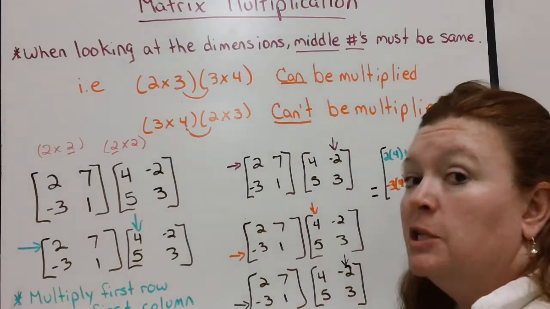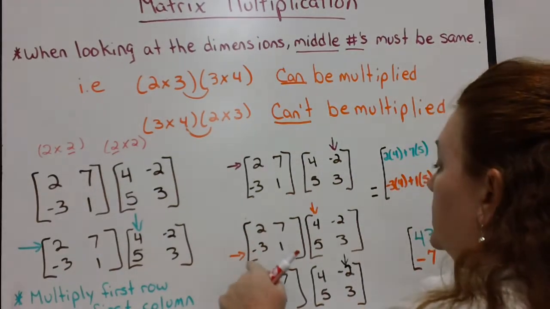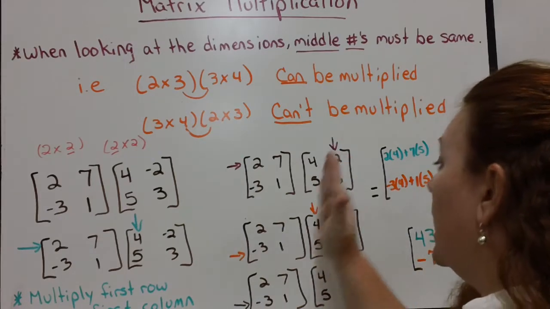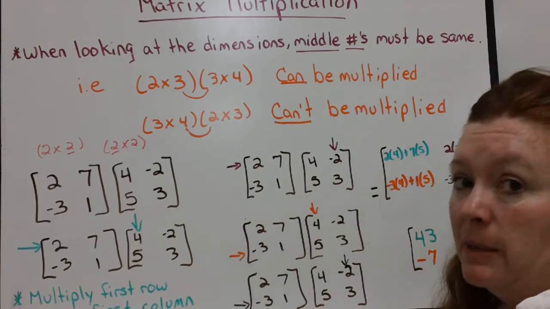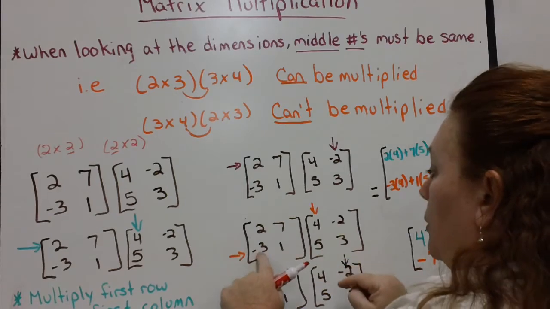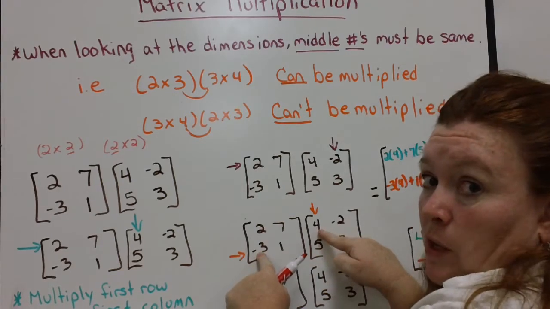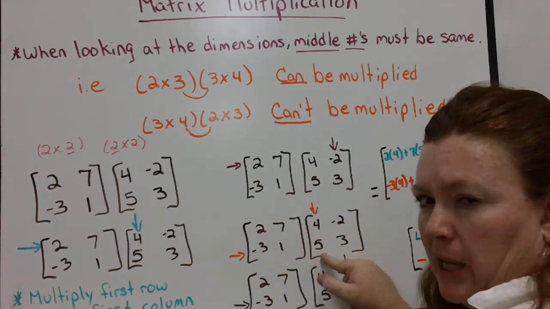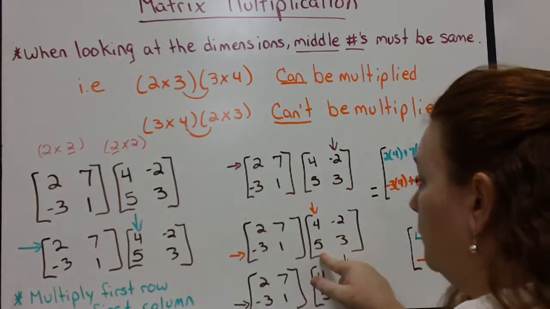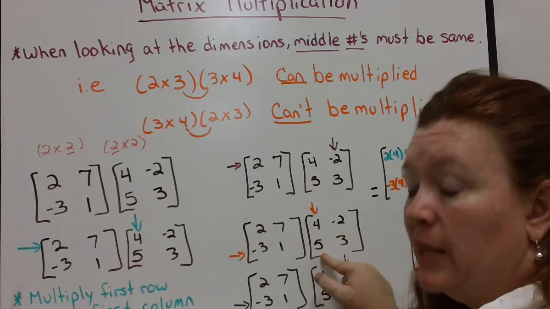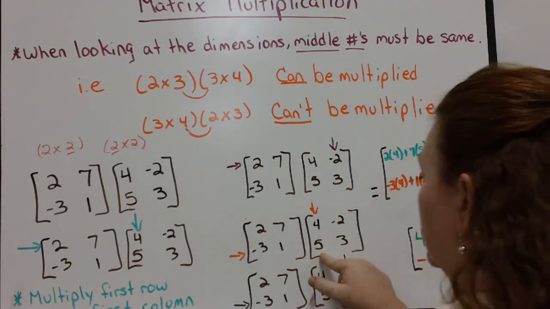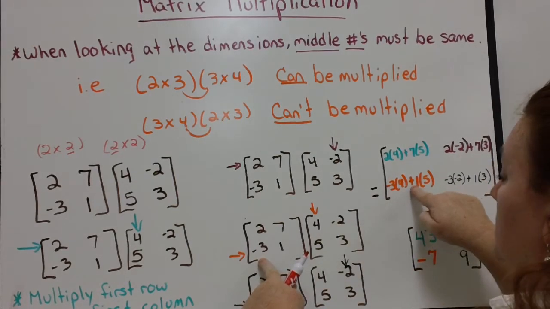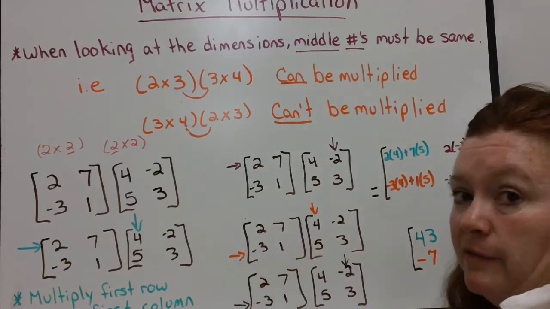So now it's time to look at the second row. The second row in orange, negative 3, 1, is going to have to multiply by each of the subsequent columns. So, negative 3 times the 4 plus 1 times the 5. It's always plus in between. If when you multiply you end up getting a negative number, that's fine, but you still put a plus in between. So, negative 3 times the 4 plus 1 times the 5.